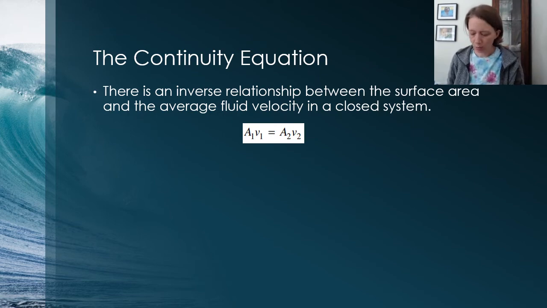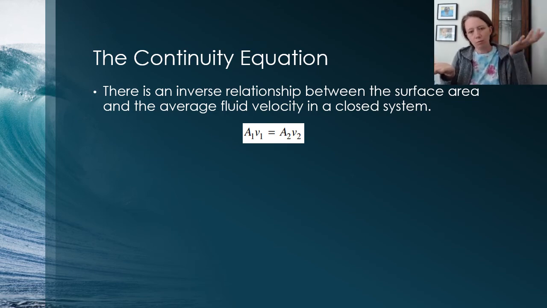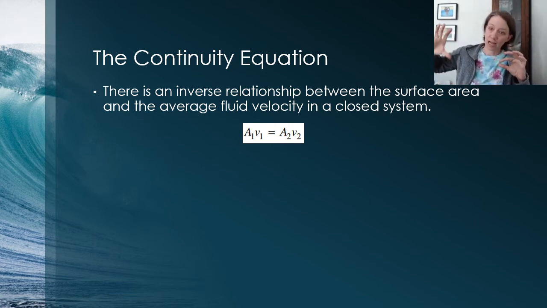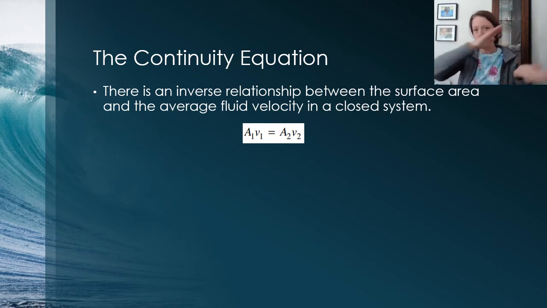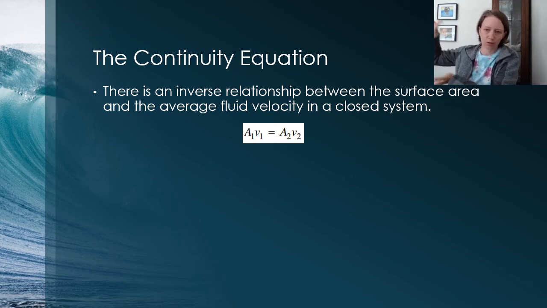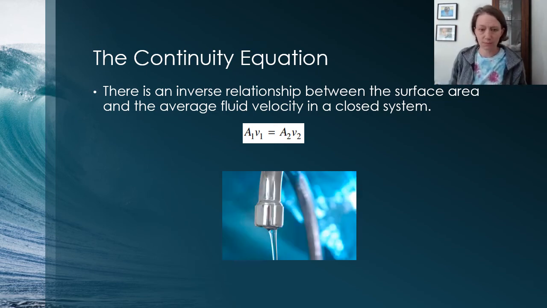So this is the way the equation looks, and you may not be able to see that that's an inverse relationship as we described, but if you think of this equation as like a meter stick that has to be balanced on both sides: if you have one side of the equation where we have a really big area, and the other side, the area is smaller, well, the velocity on this side is going to have to be small, and the velocity on this side is going to have to be big. So that's how you can always see a big area always pairs with a small velocity, a small area always pairs with a big velocity, so that we can keep this equation balanced.